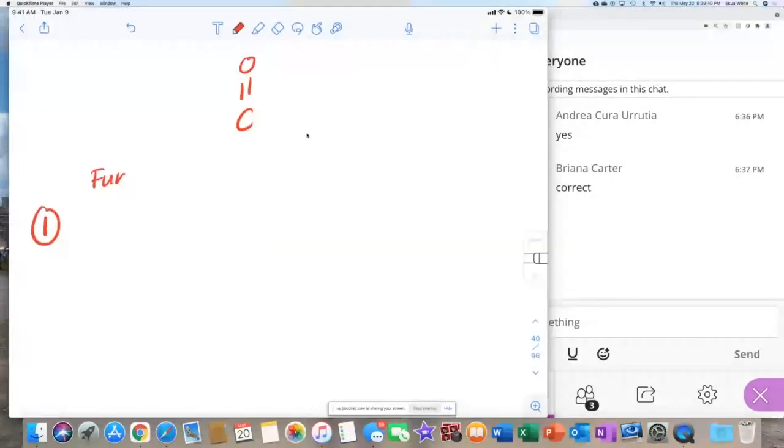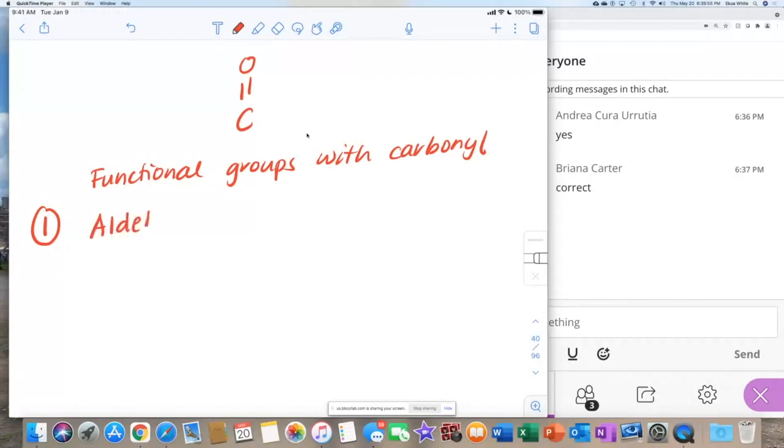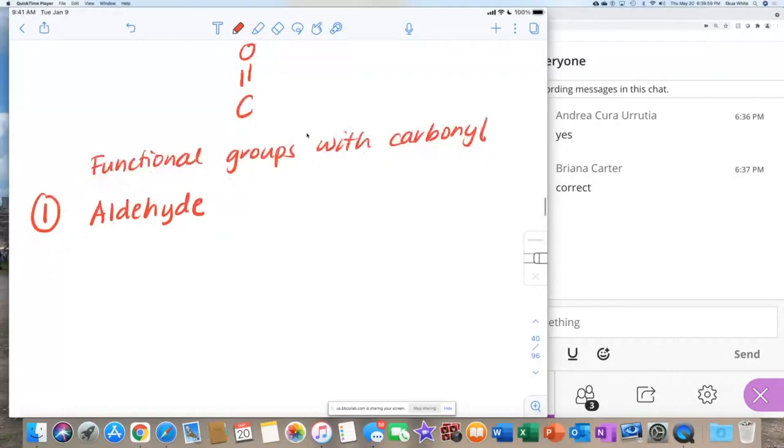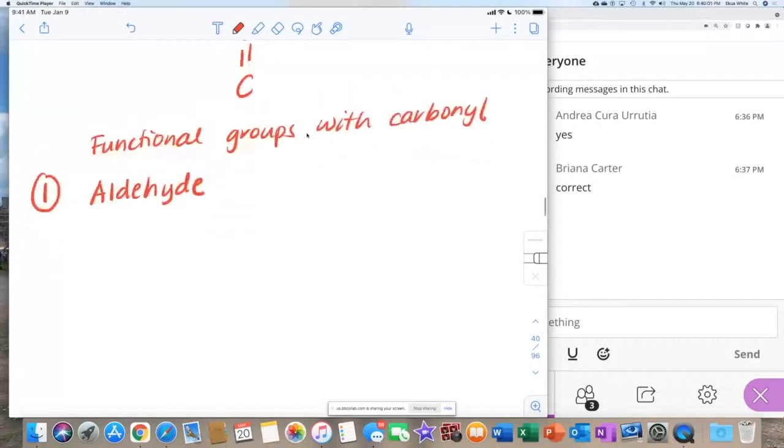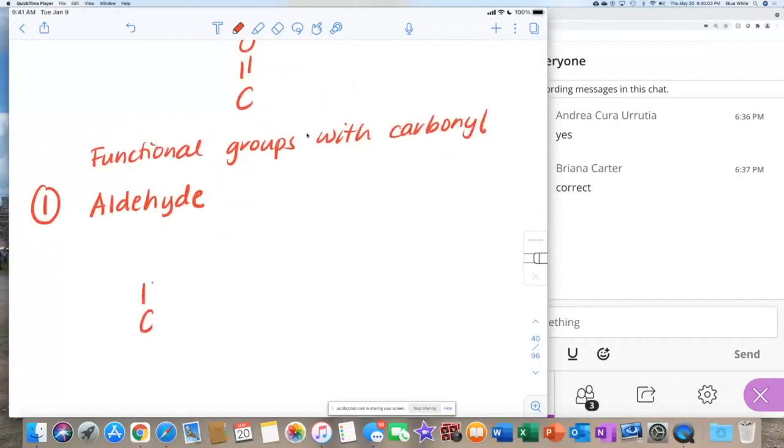Functional groups with carbonyl. Okay, the first one is called aldehyde. This aldehyde group essentially has the carbonyl in the middle.